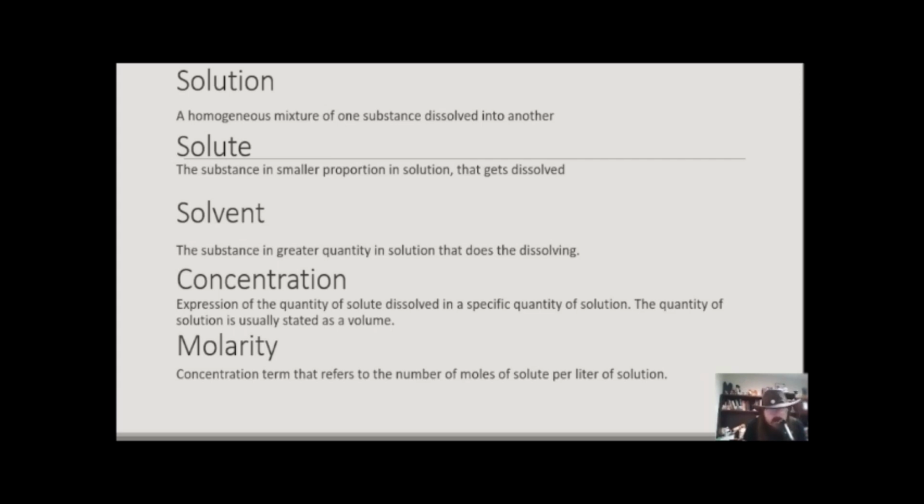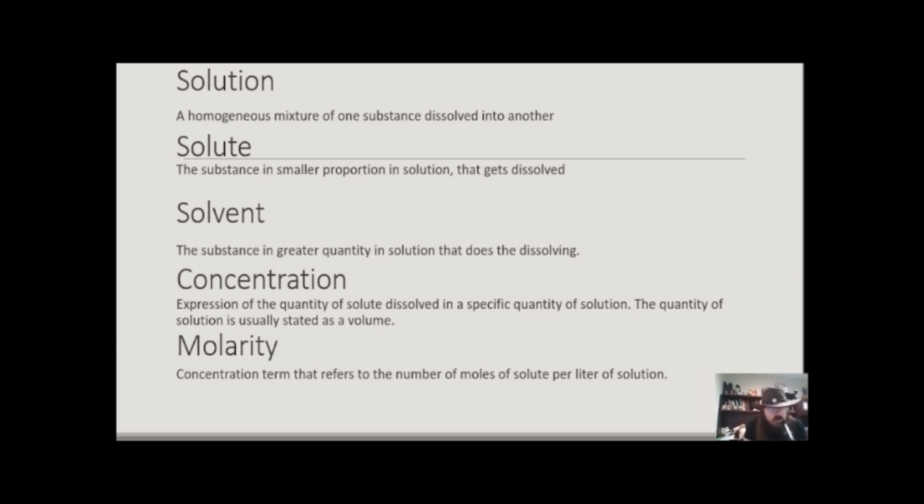Specifically for a solution, we have a solute dissolved into a solvent. The solute is dissolved into the solvent, gets actually dissolved. It is the one that's in smaller proportionality. Sometimes it's really obvious. The solid is almost always the solute when you're mixing into a solution. But if you're mixing 2 liquids, how do you decide which is the solute and which is the solvent?